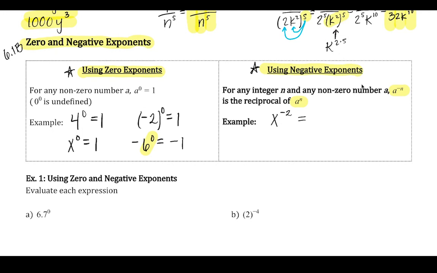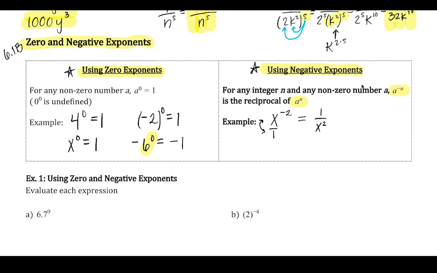If my base is x, I can think of that as x over 1. And then to find the reciprocal of it, I would flip it. So instead of x to the -2 over 1, it would become 1 over x to the +2 power, or 1 over x squared. So when you take the reciprocal, the exponent goes from negative to positive.